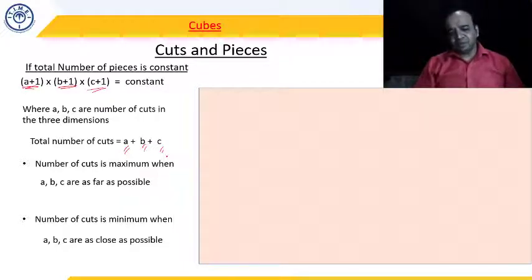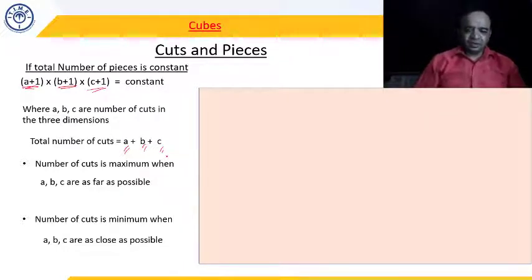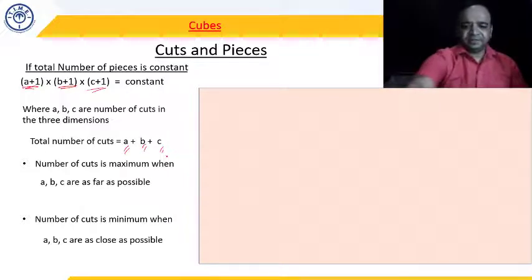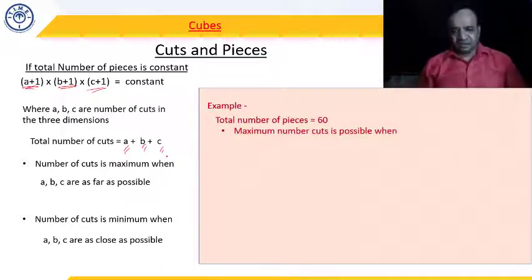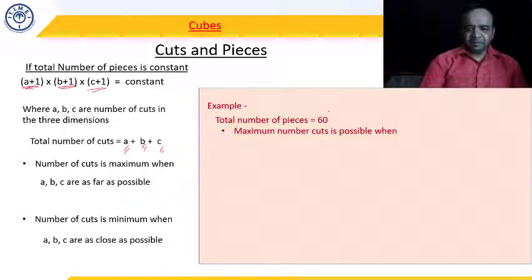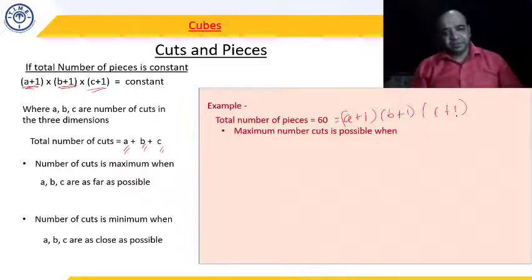I'm just trying to explain by one example. Suppose the total number of pieces is 60. So suppose the number of pieces here is assumed to be 60. In that case, I can assume this as (a plus 1) into (b plus 1) into (c plus 1), that is the total number of pieces.